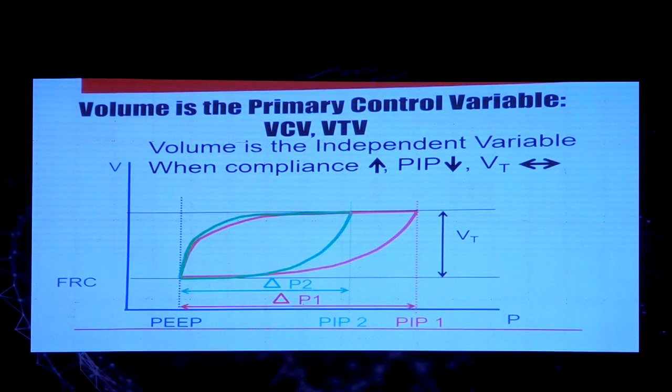In volume control ventilation, if, for example, the compliance improves, you can see that the volume is maintained, but the pressure drops. So from here to here now, but the tidal volume is maintained, so that will avoid volumetrauma.